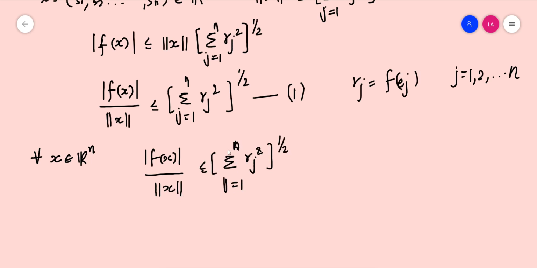Now since for each of the elements x, this value is less than this value, the supremum of this also should be less than this value.